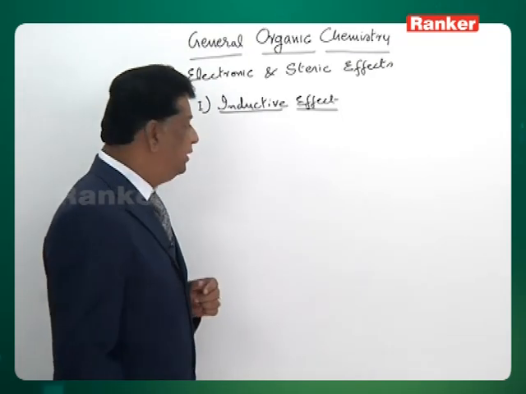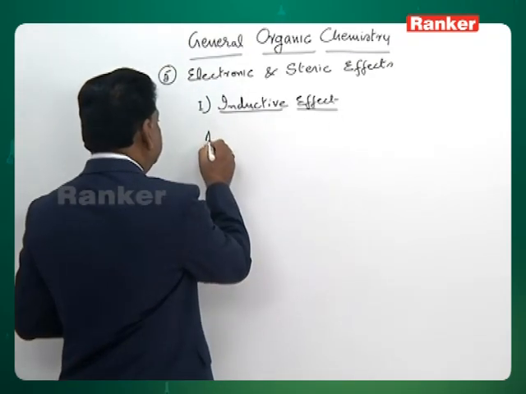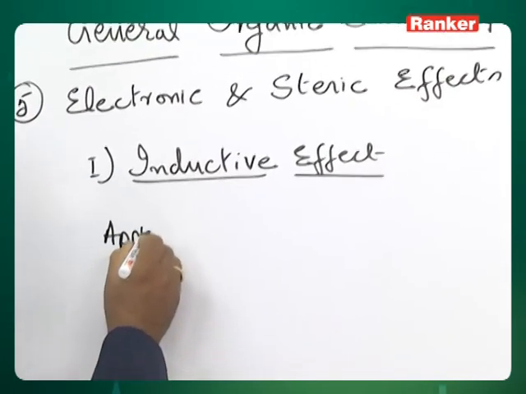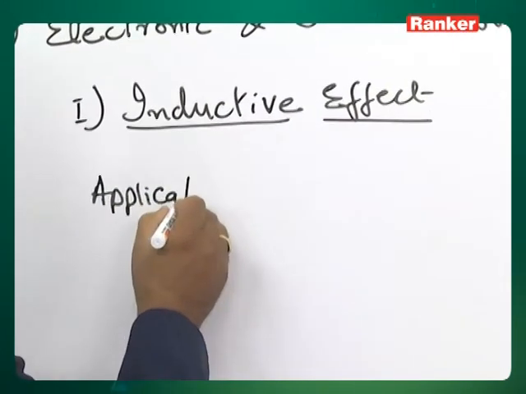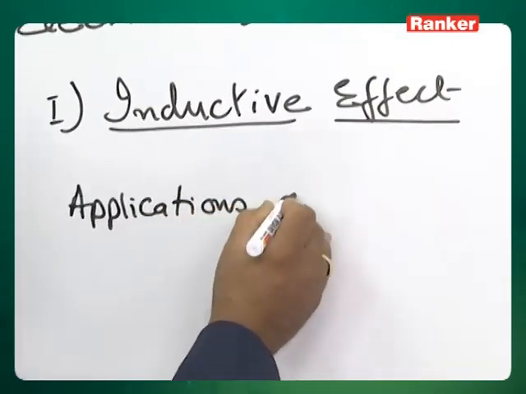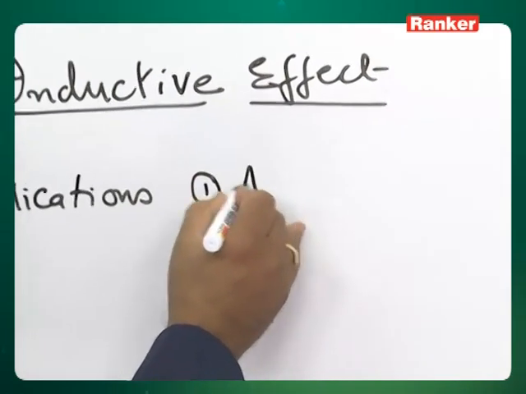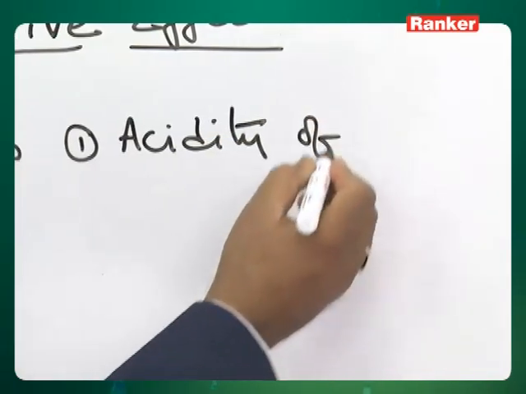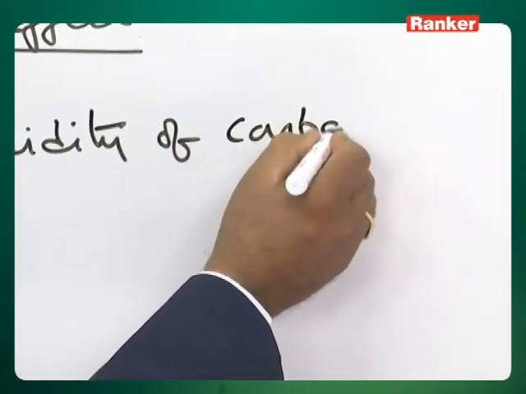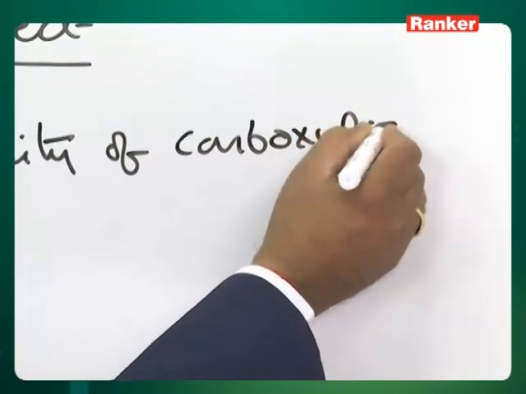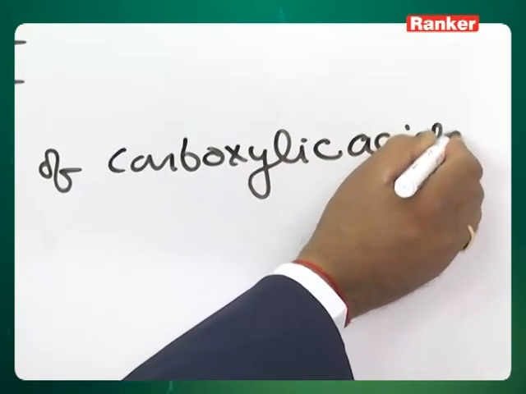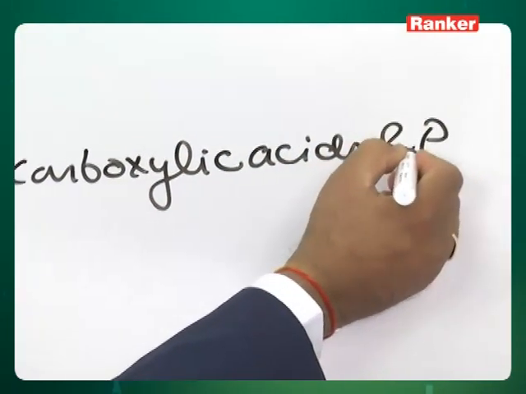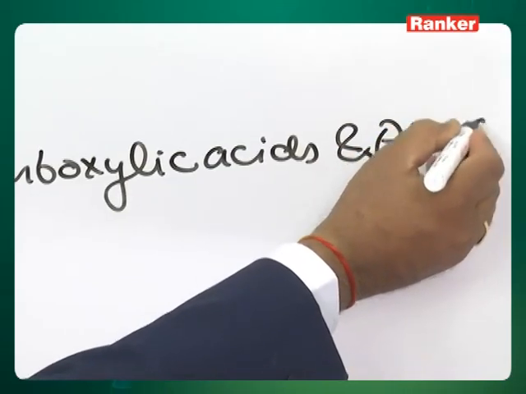Based on this, one application we have completed under the applications, that is acidity, which we have discussed. Acidity of carboxylic acids and phenols, both we discussed in the last class.